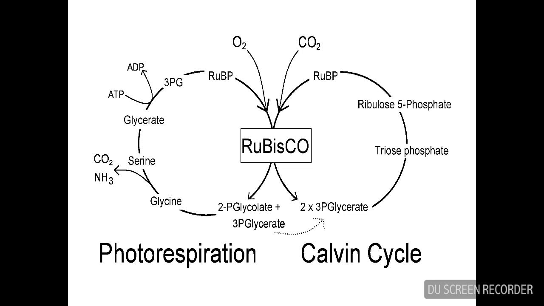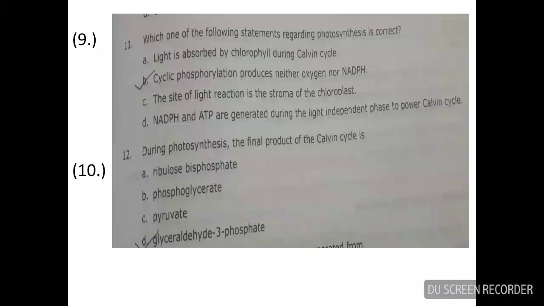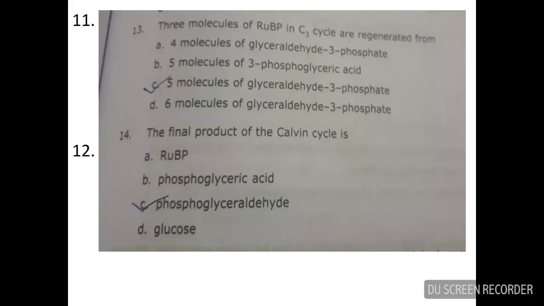Ribulose bisphosphate is converted into 3-phosphoglycerate, then into triose phosphate, glyceraldehyde 3-phosphate. So the final product of Calvin cycle is glyceraldehyde 3-phosphate. So the answer will be option D, not option A ribulose bisphosphate, not option B phosphoglycerate, and not option C pyruvate.